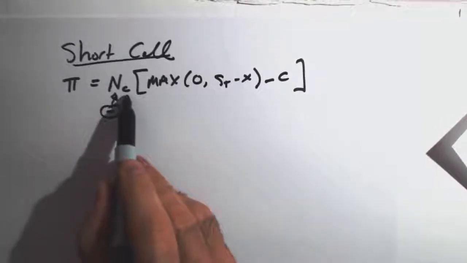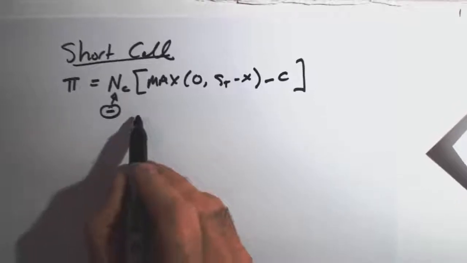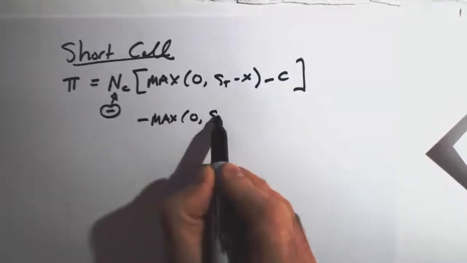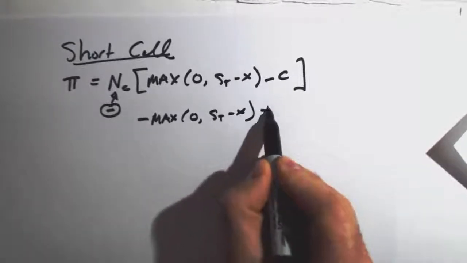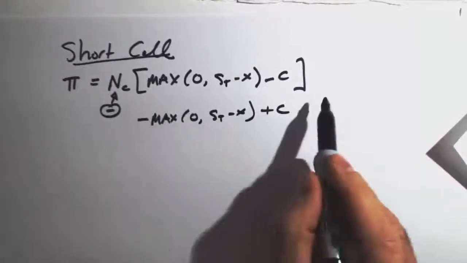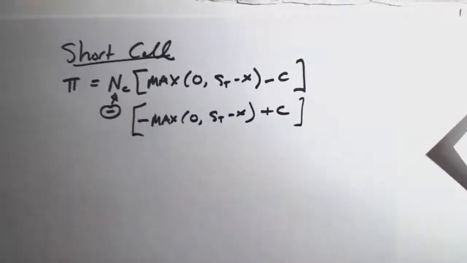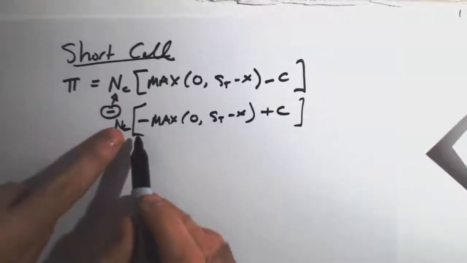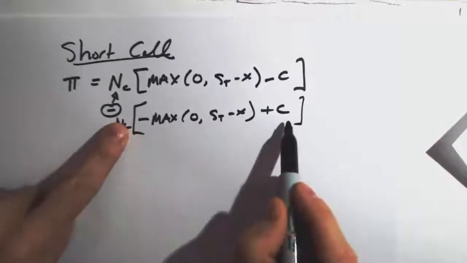So when you distribute this negative sign, you have minus the max plus the call. That's your profit times the number of calls.